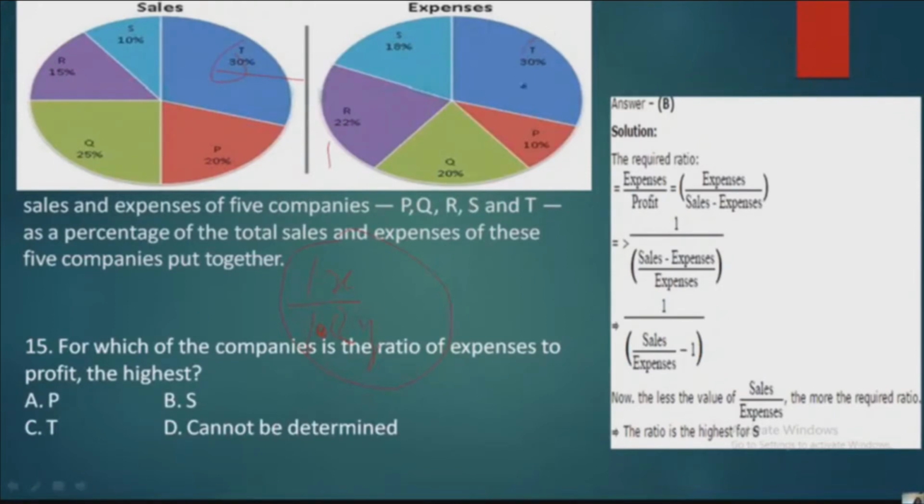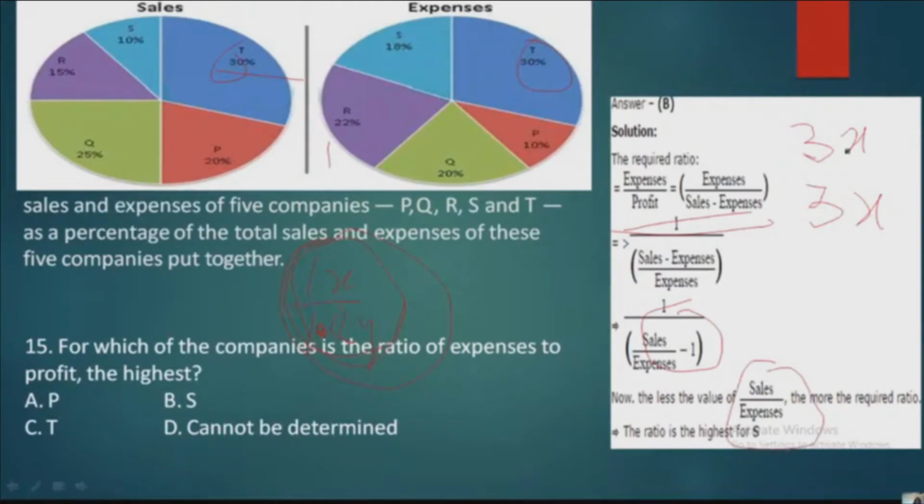So now observe others here. For T, the sales would be 3x, right? Sales would be 3x, and expense would also be 3x. See, I told that we have to use 1 and 1.8, but this is the basic formula, right? So here what we have calculated by the main formula, we finally get that sales divided by expenses should be lesser.